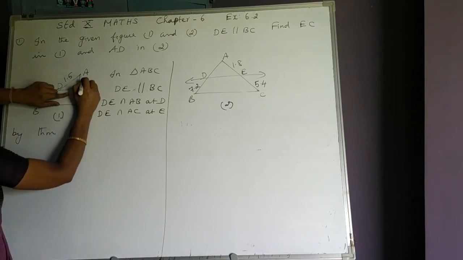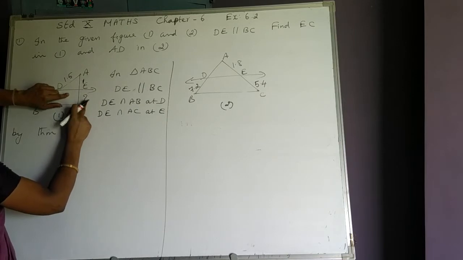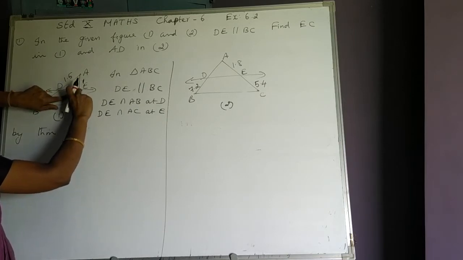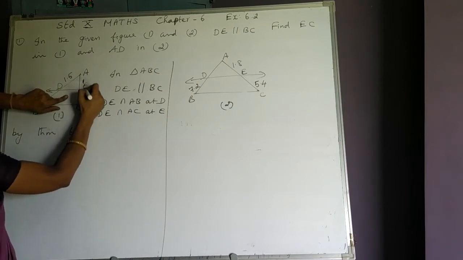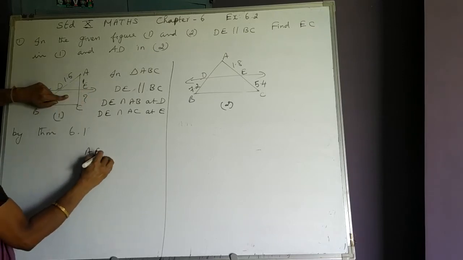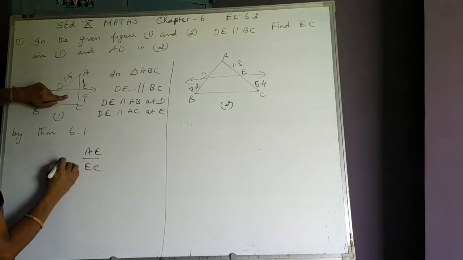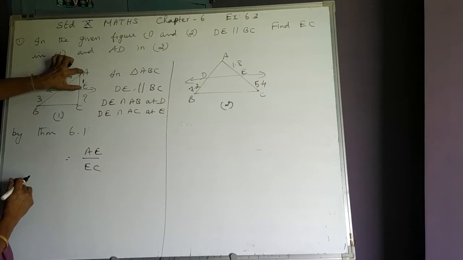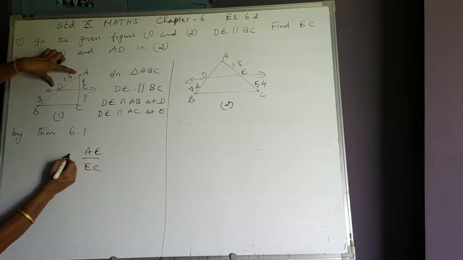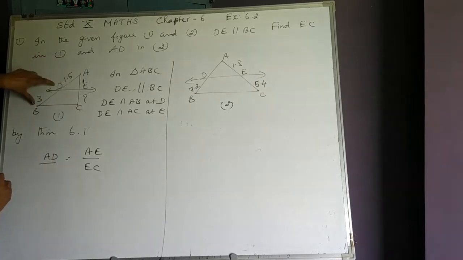So as I told you, we consider the question mark side. The question mark is for EC. On the same side, this 1 is given for AE. Therefore, we use AE upon EC. Because I take AE on one side, on the other side in the place of AE, AD should be written, and EC should be replaced by BD. That's all.